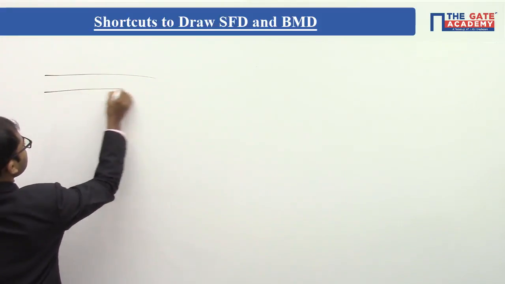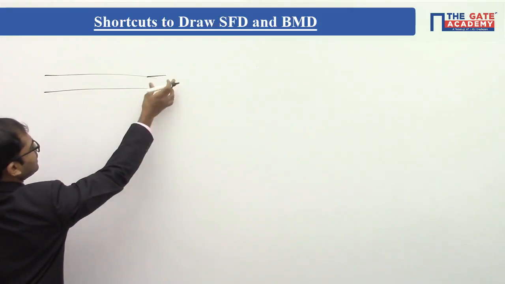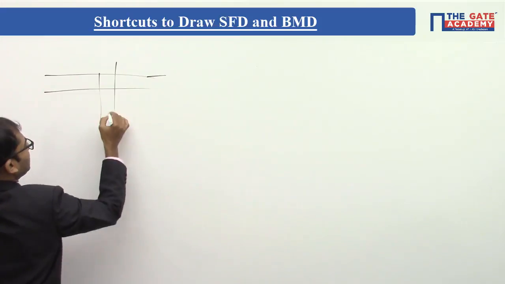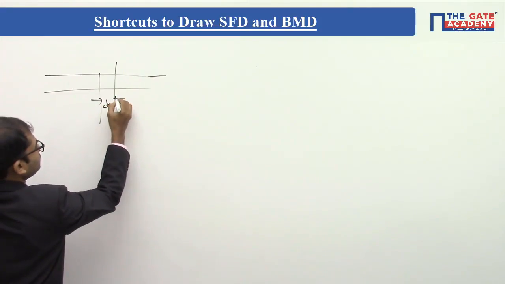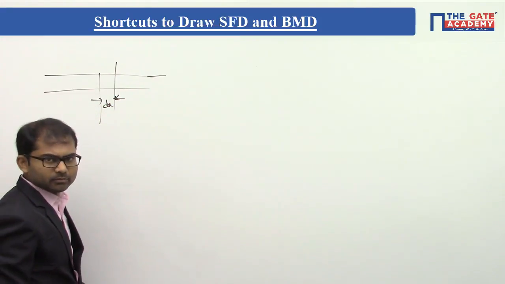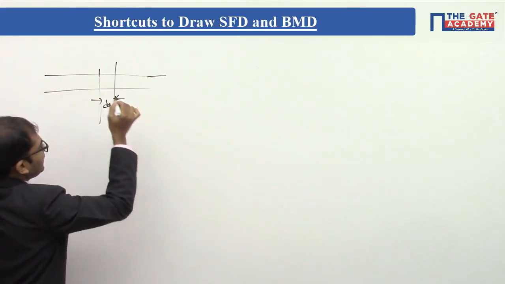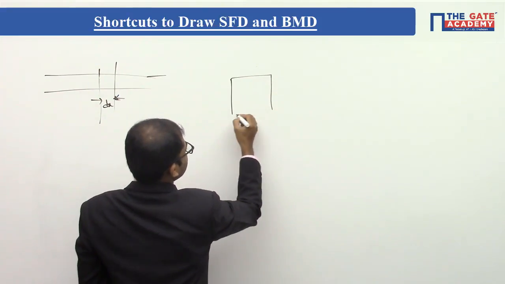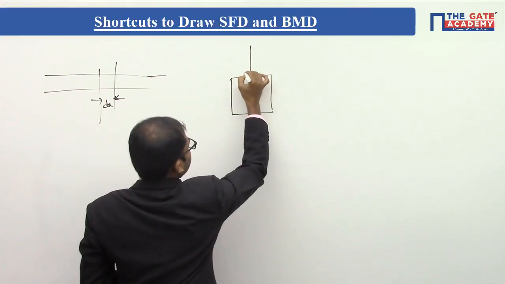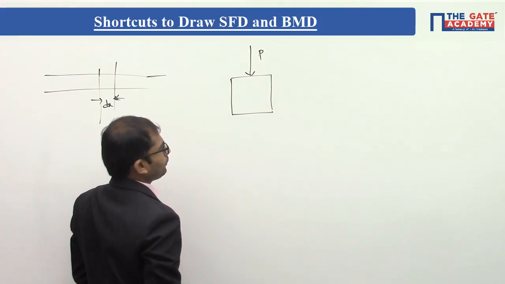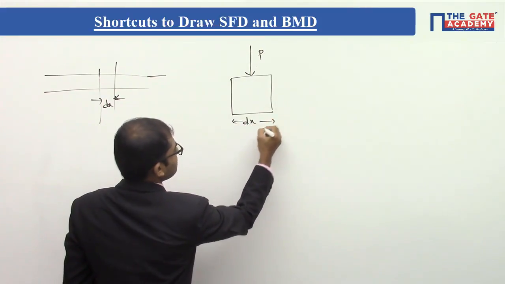If you have a beam like this, take a differential length of the beam, dx. Let's assume a point load P is acting on this length dx.